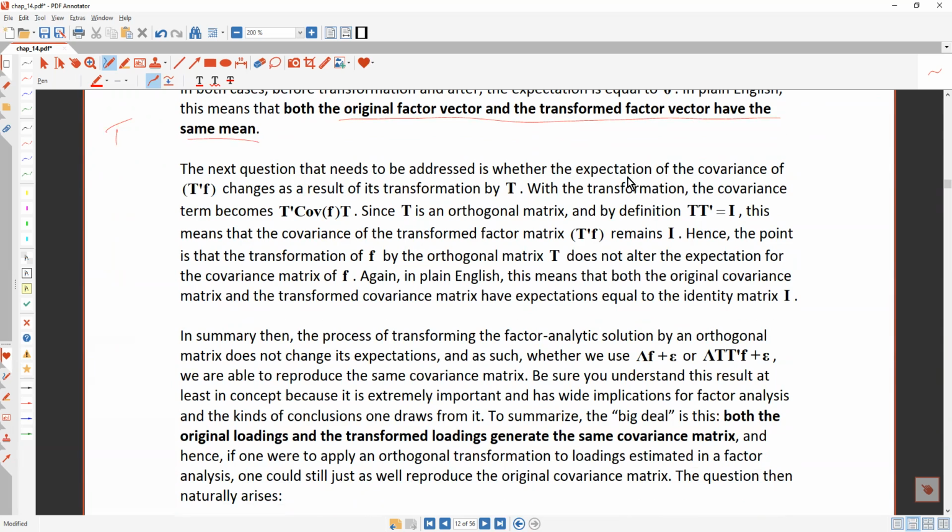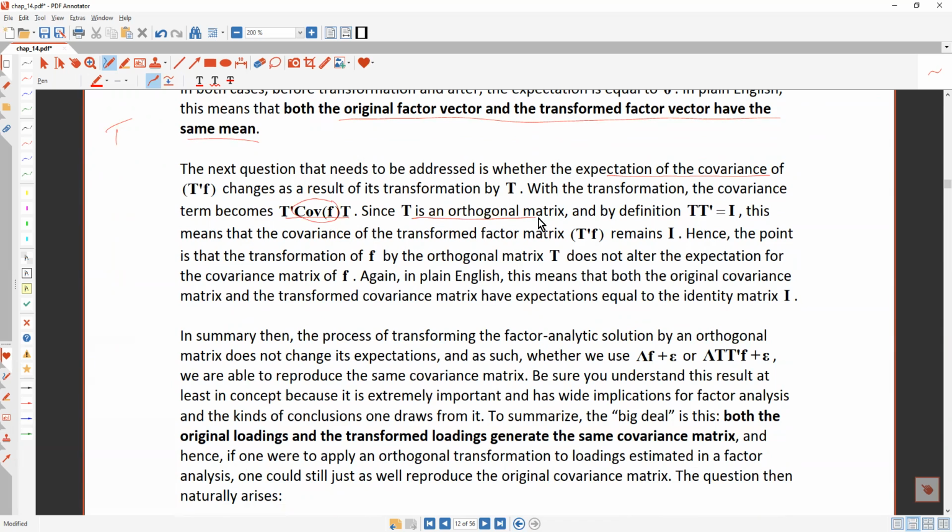Similarly, we have to ask whether the transformation changes the expectation of the covariance matrix. Well, when we input that transformation, the covariance term becomes this. There's the covariance of F right here.